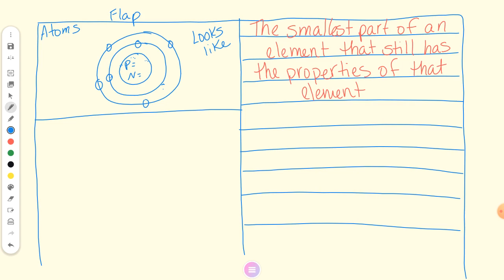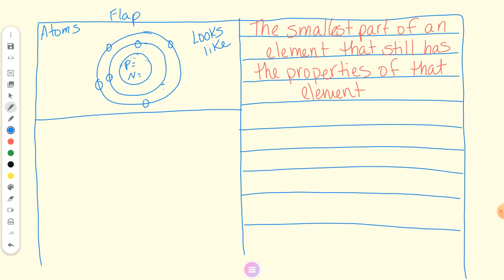Those circles around the outside are our electrons. We're going to dive deeper into atoms today, but that's what they're going to look like when we see them. We're going to learn actually how to draw them and how to identify what they are from how they look. Then you can go ahead and close that once you get it done.